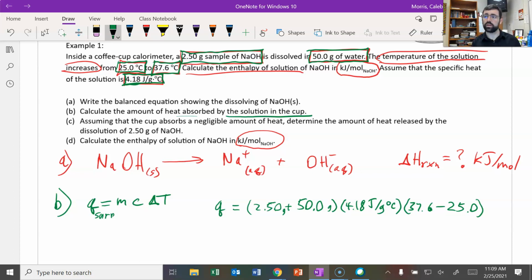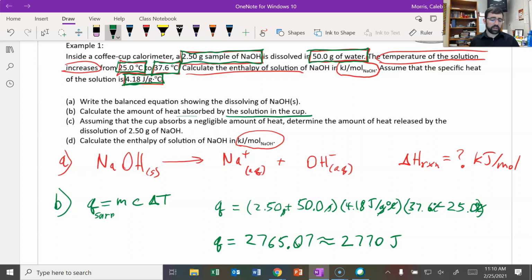And end up with Q equals 2765.07, which is about equal to 2,770 joules. After we cancel out grams and degrees Celsius, we would just be left with joules.